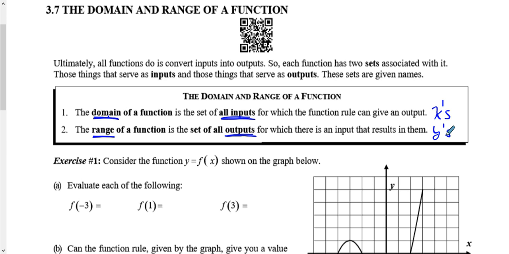Now, there are some functions where you can put any x in that you feel like, any number that exists in the real number system. But some of them, maybe it'll only work with integers. You know what integers are? You never heard the term integer? No, I have. It's been like 3 years.